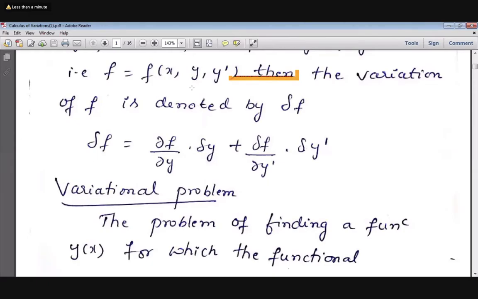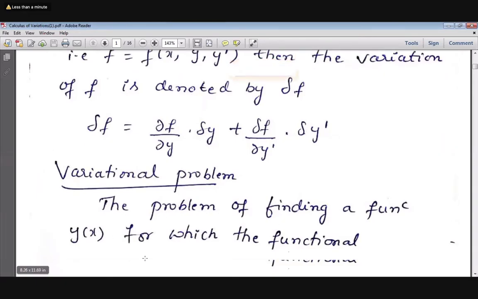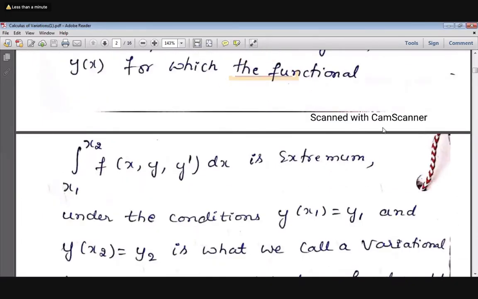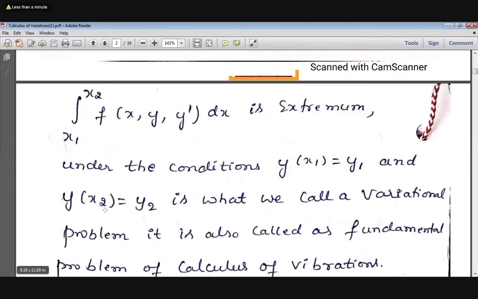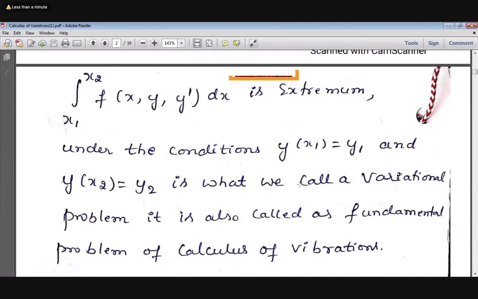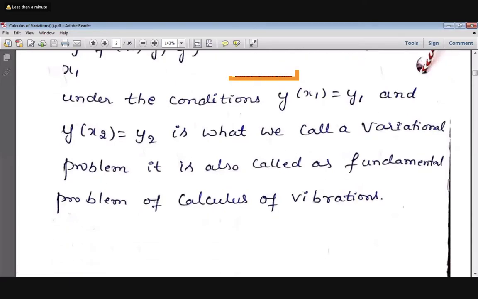Okay, I explained everything. The problem of finding the function y of x for which the functional is extremum under the condition y of x1 equal to y1 and y of x2 equal to y2 is what we call a variational problem. It is also called the fundamental problem.